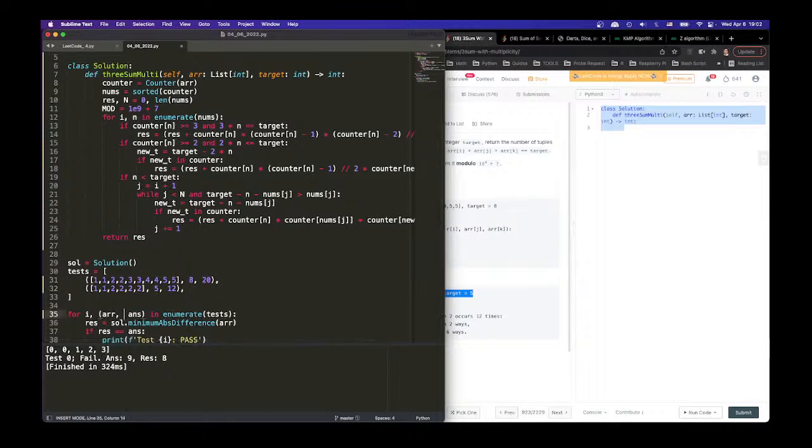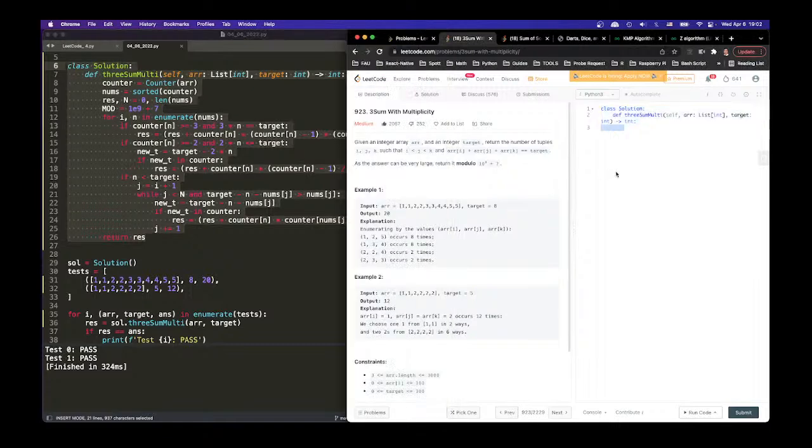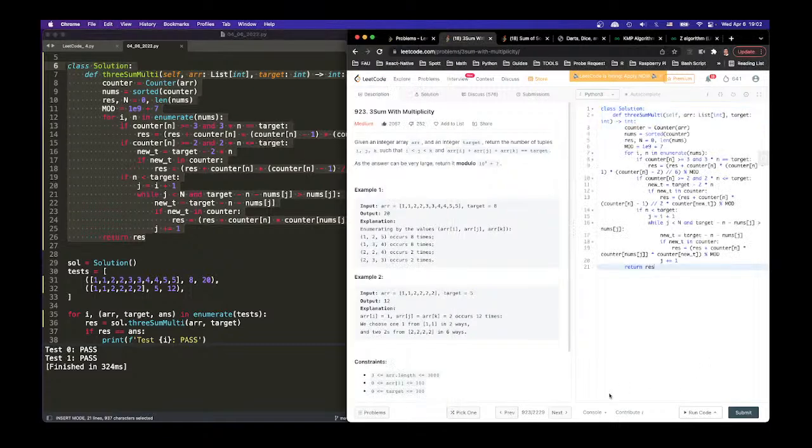So I have array, target, array, target. Alright, I passed this. I'm not sure. I only have 3,000. It shall be good.